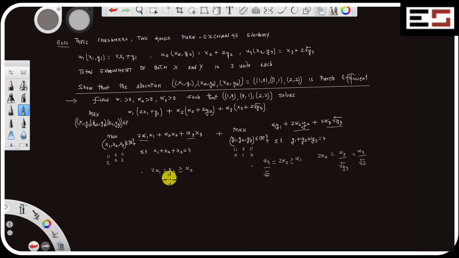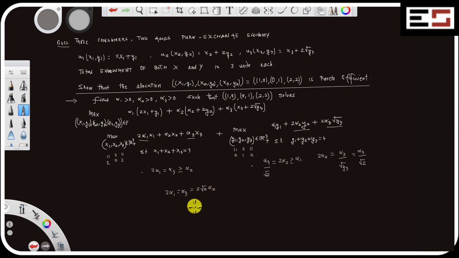If you see, we can reduce this set in the following manner. We can just write it as 2 alpha 1 equals alpha 3, and this alpha 3 will be equal to 2 root 2 alpha 2.